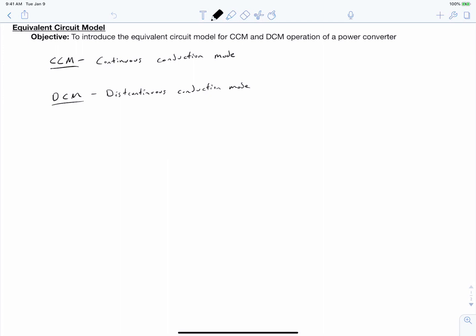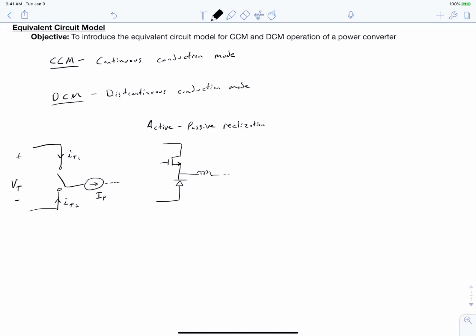So we'll start by drawing our single pole double throw switch. And as we've talked about several times, how we realize this with semiconductors depends on the direction of our pole current and our throw voltage. If everything is as I've labeled it right now, we might use the active-passive realization that we talked about for the buck converter.